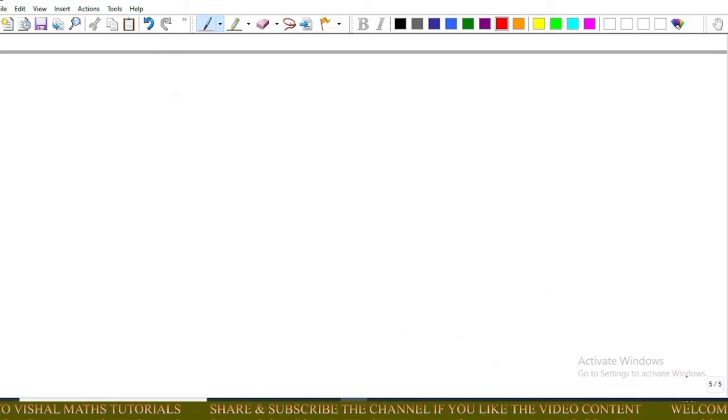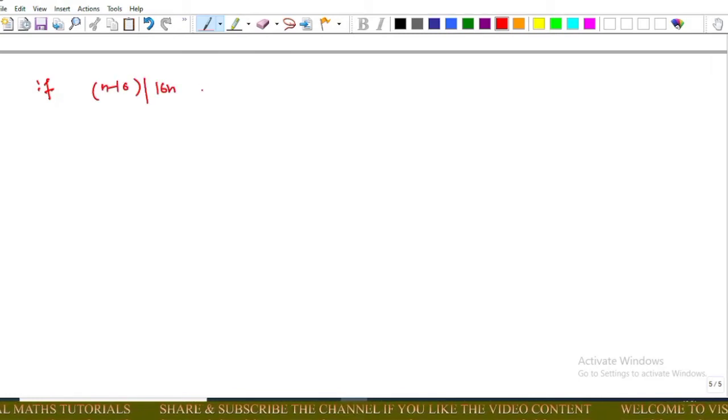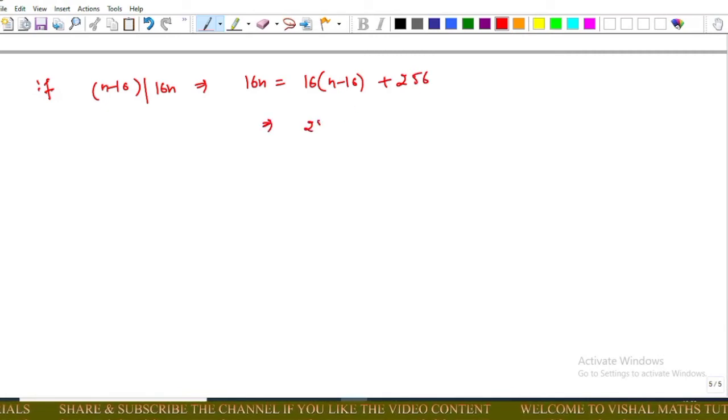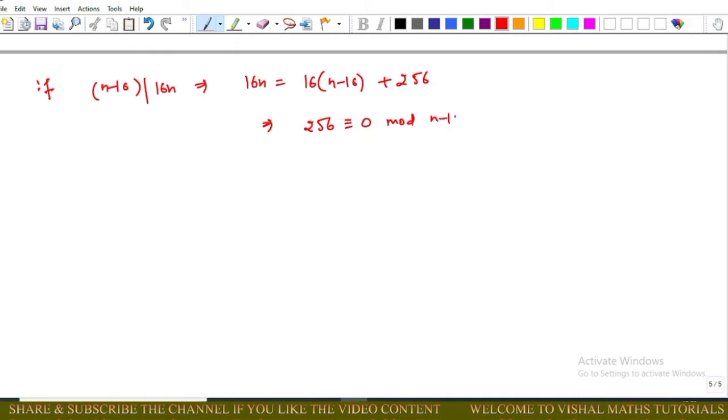If n minus 16 divides 16n, this implies that 16n equals 16 times n minus 16, plus 256. This implies that 256 must be congruent to 0 mod n minus 16, because n minus 16 fully divides 16n.